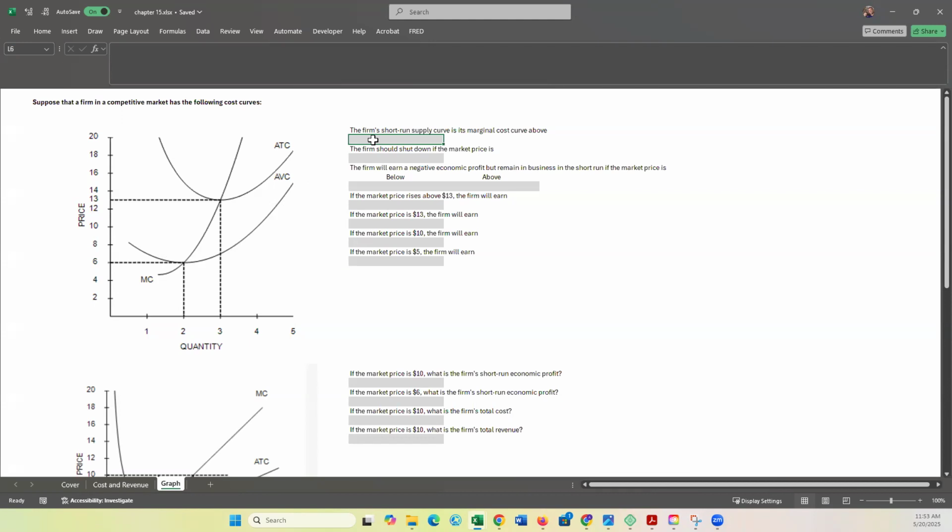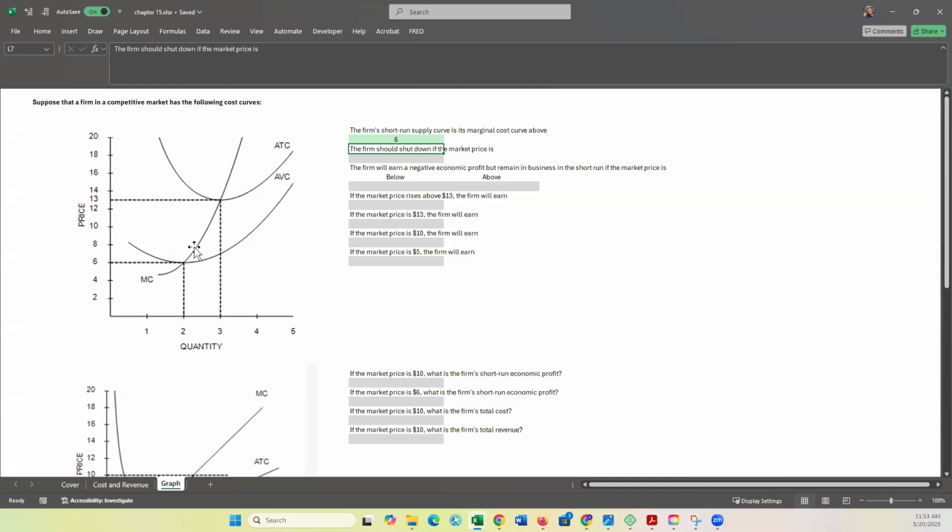The firm short run supply curve is its marginal cost curve above $6. That means if I charged $8 a pizza, I'm making more money than if I didn't produce a pizza, but I'm still losing money.